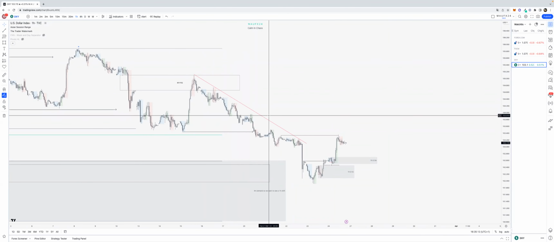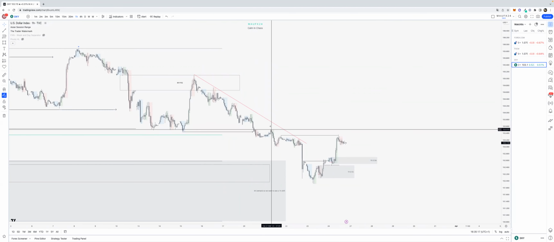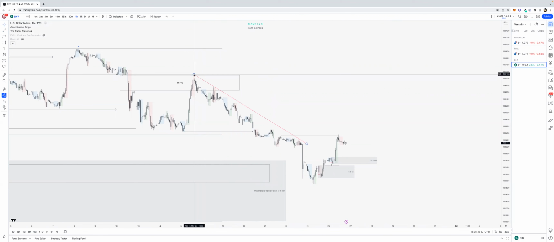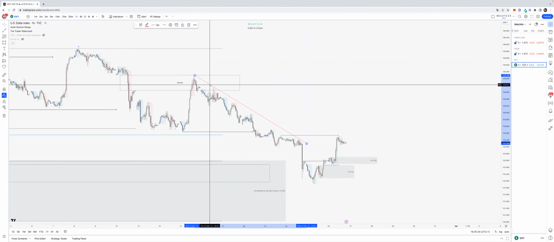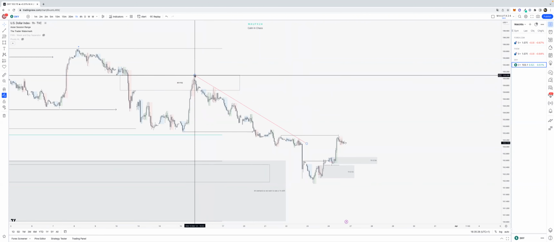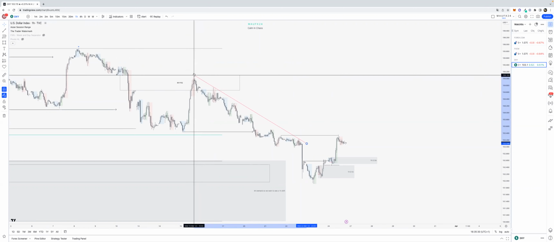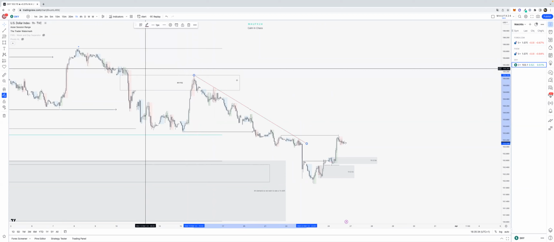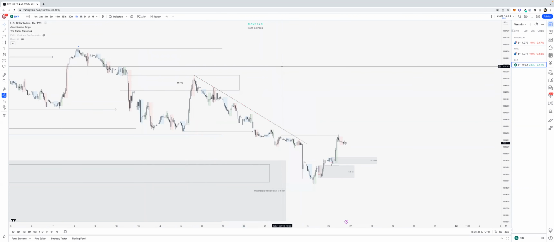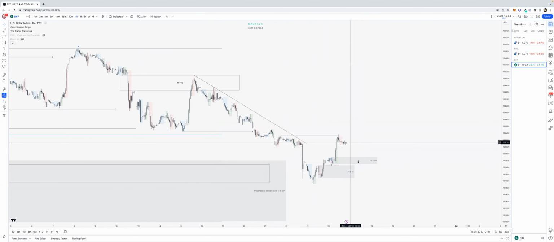Over here it gets a bit wacky, but this is decent from this one. So we got 1 tap, 2 tap, 3 tap. Oops, I pressed space. So there you go. All right, let's make this one liquidity. That's being taken, turn around, and we can see our entry. All right.